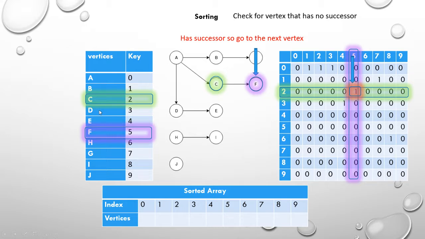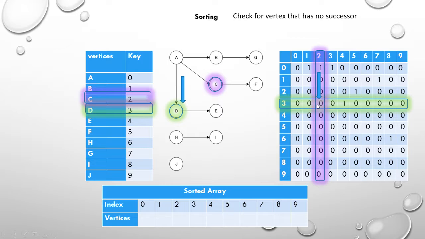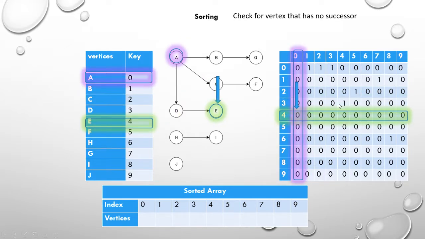So the next vertex in our table here is D with key 3. So we have 3, and then we are going to loop again in the columns to check if all the columns are zeros in that row. So let us start again. We have 0, 0, 0, 0, so we go through, but 1 is found again.